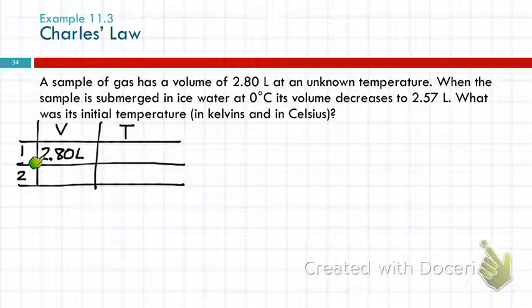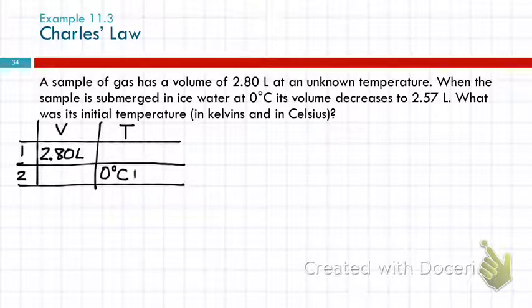But now we're submerging it in ice water. We're changing things. So now these next numbers I want to write on row 2, 0 degrees Celsius. That's a temperature. What unit did I say we have to use? Kelvins. So before you go any further, just convert this to kelvins.